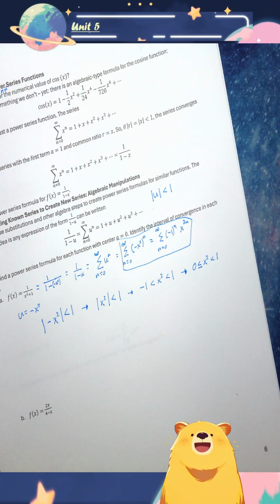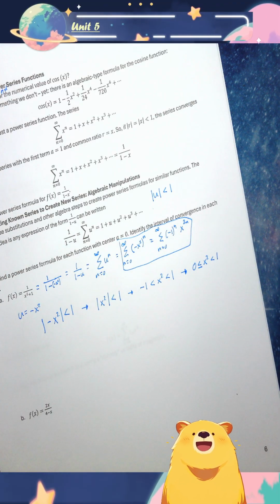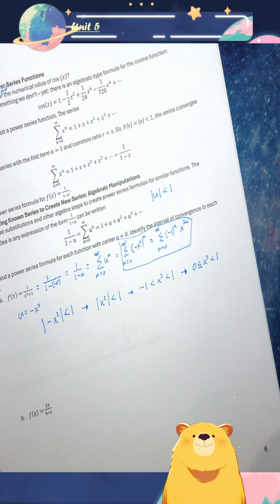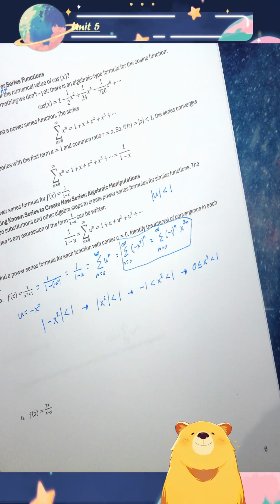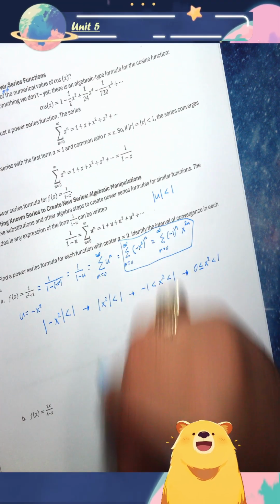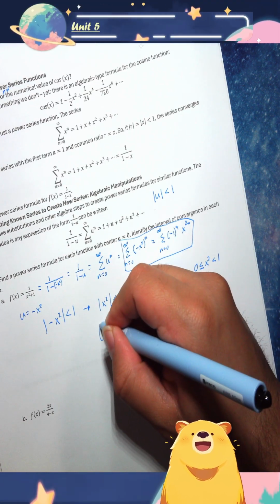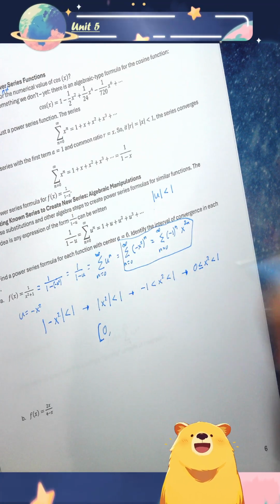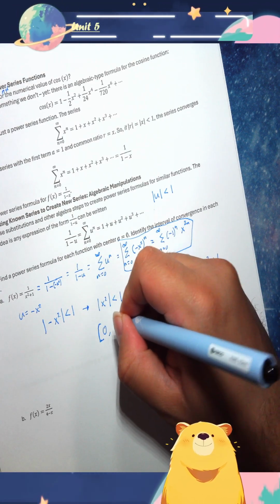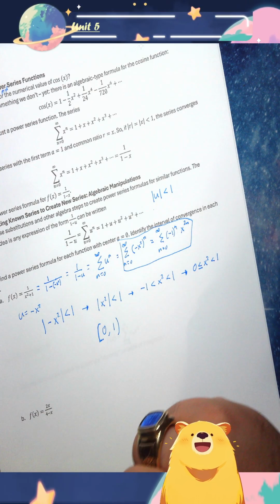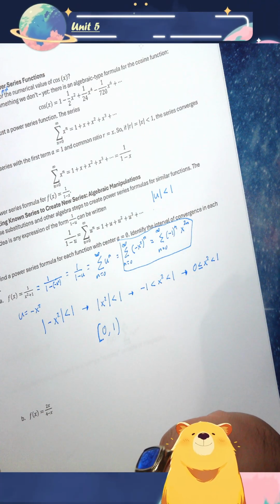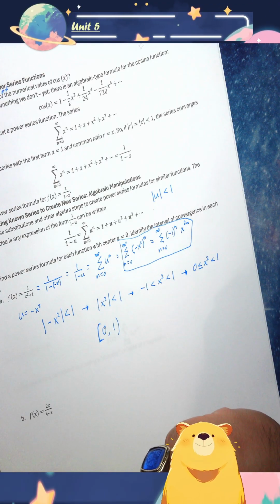And then from here, you would see that it converges for all these values. So you would just write the interval as, oh, sorry, brackets, 0, comma, 1. Let me just double check. Do you have to evaluate for when it equals 1?